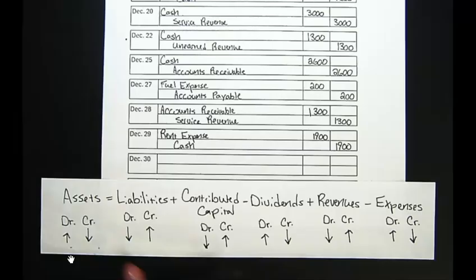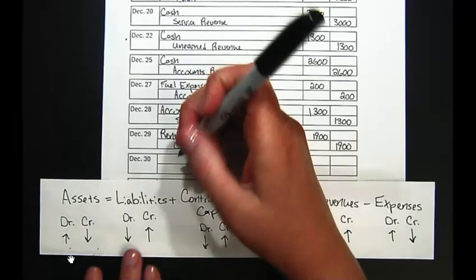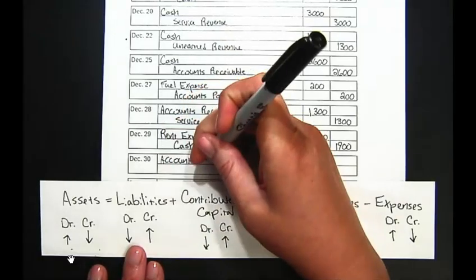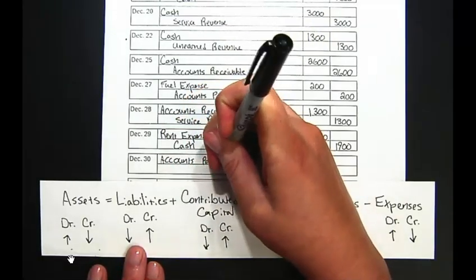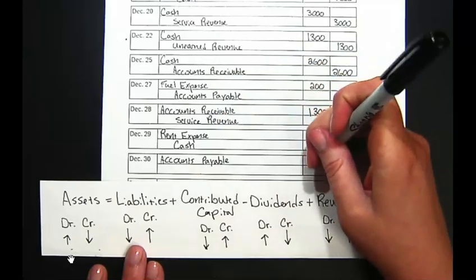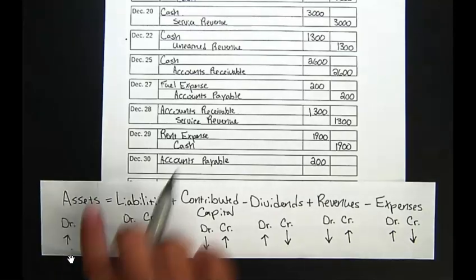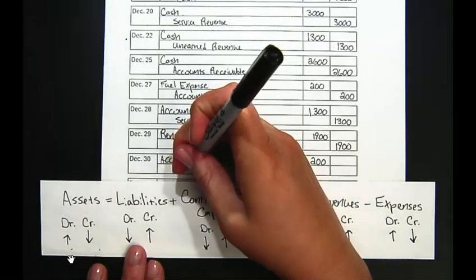We reduce liabilities with a debit. So debit accounts payable. And we paid off this accounts payable, so that means we have decreased our cash. Cash is an asset. We show a decrease in an asset with a credit, so credit cash.